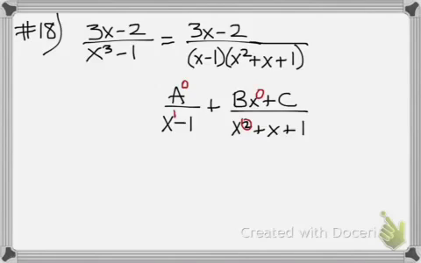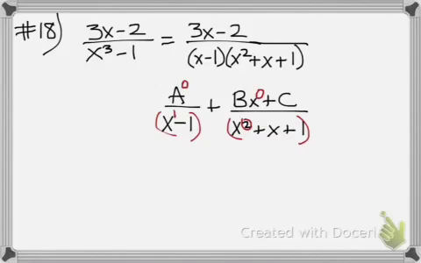But that's pretty much all you need to remember: if it's just a normal factor like x minus 1, you just put an A or a B or whatever above it. If you have a squared term that's not factorable, put a Bx plus C or, you know, Dx plus E or wherever you are in that kind of problem.